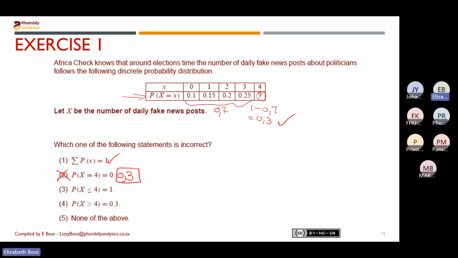What is the probability that X is less than or equal to 4? Which means you're going to count from here and add all of them because it's less than or equal to. So what is that probability if you add all of the values? Remember, it is less than or equal, so it includes that number.